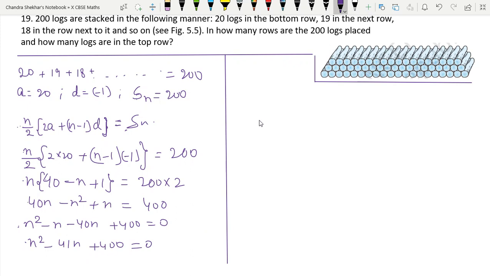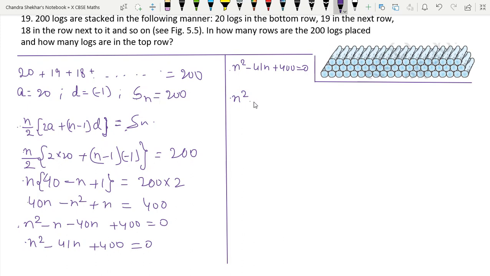Who can factorize this? Sir, n is equal to 16 or n is equal to 25? Now can we factorize?